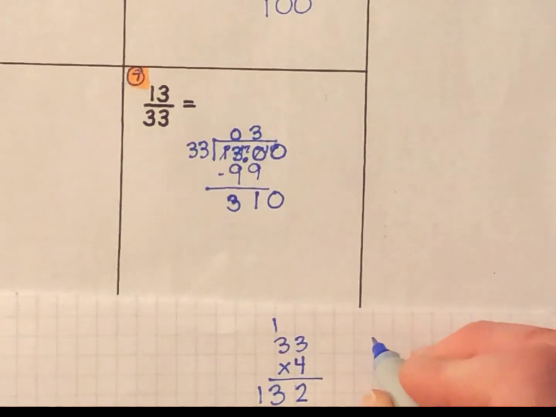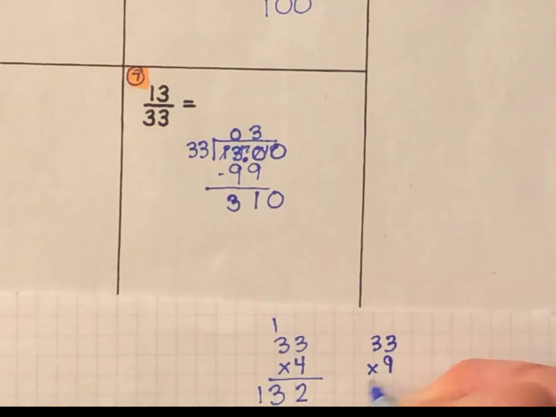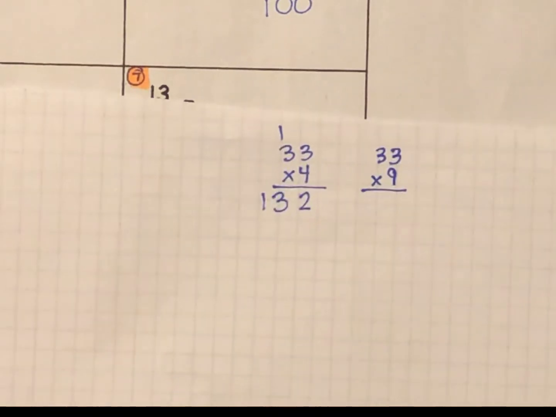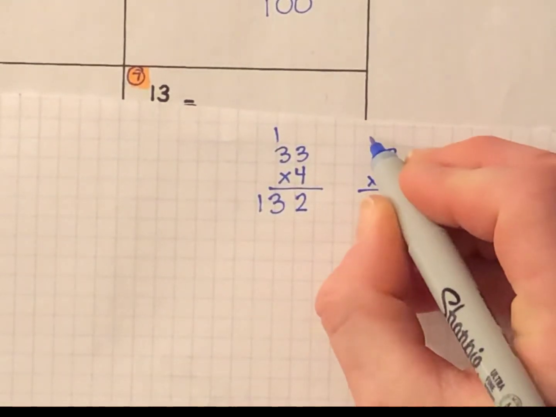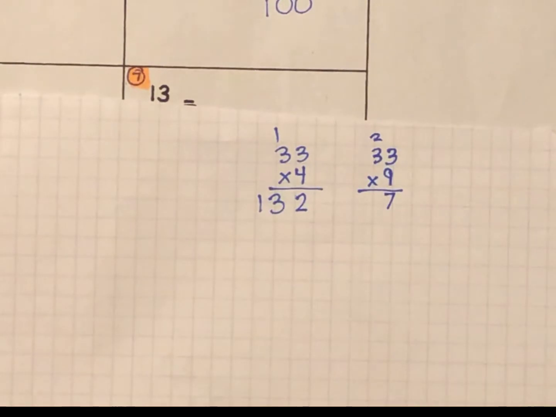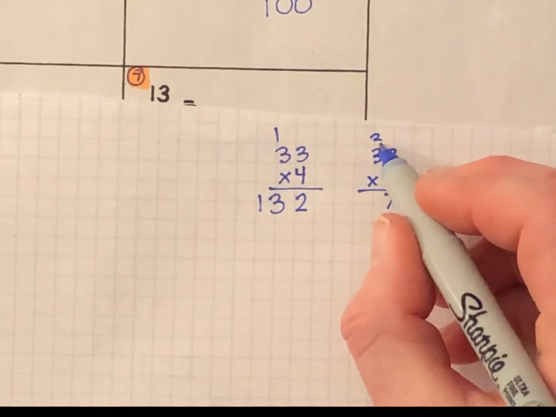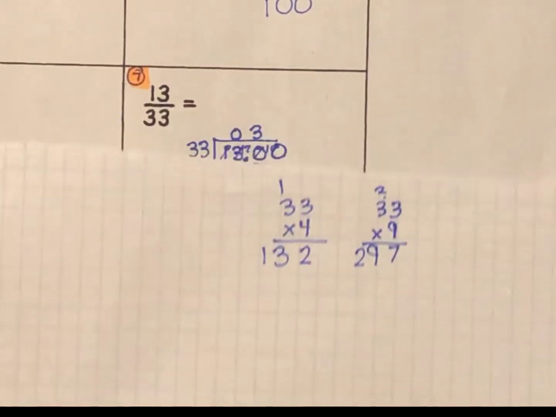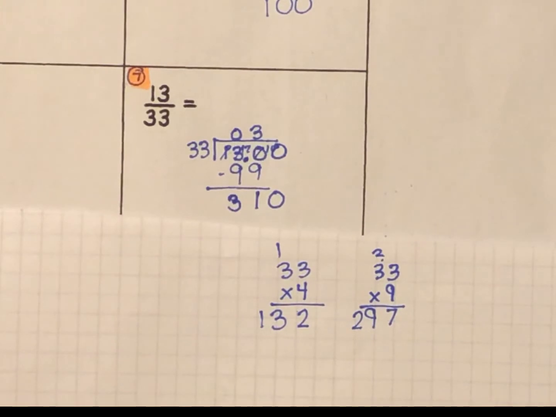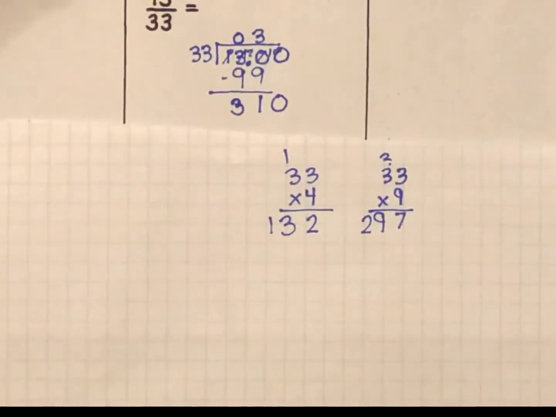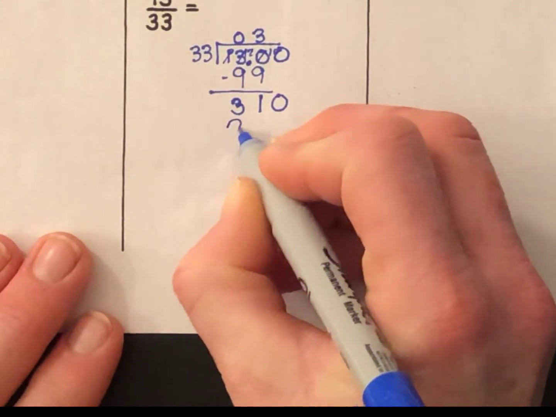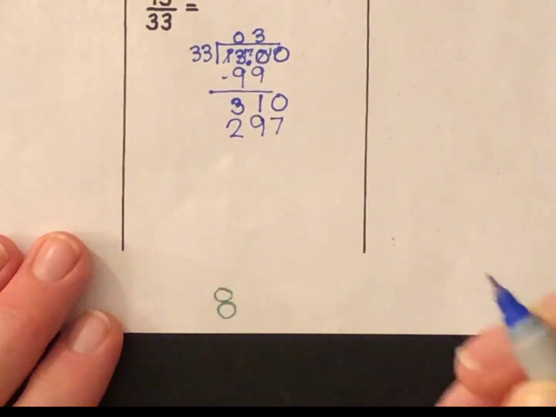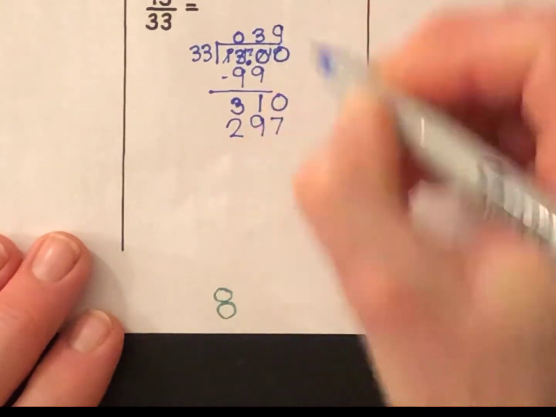I'm pretty sure it's 9, but I'm going to try first. 33 times 9. 9 times 3 is 27, 28, 29. 297. Oh, I made it. Yes! I did it. 297. That was 9 times. Nothing repeating yet.